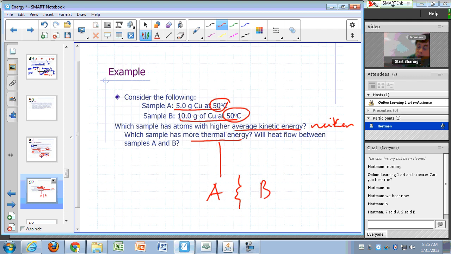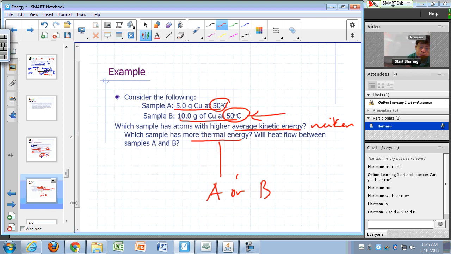Let's do a clicker on this one. A or B? Everybody said B. Very good.